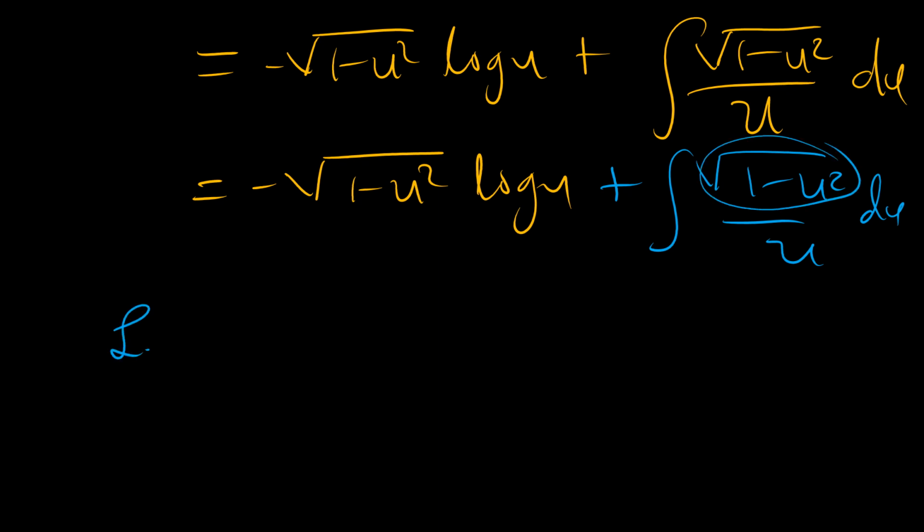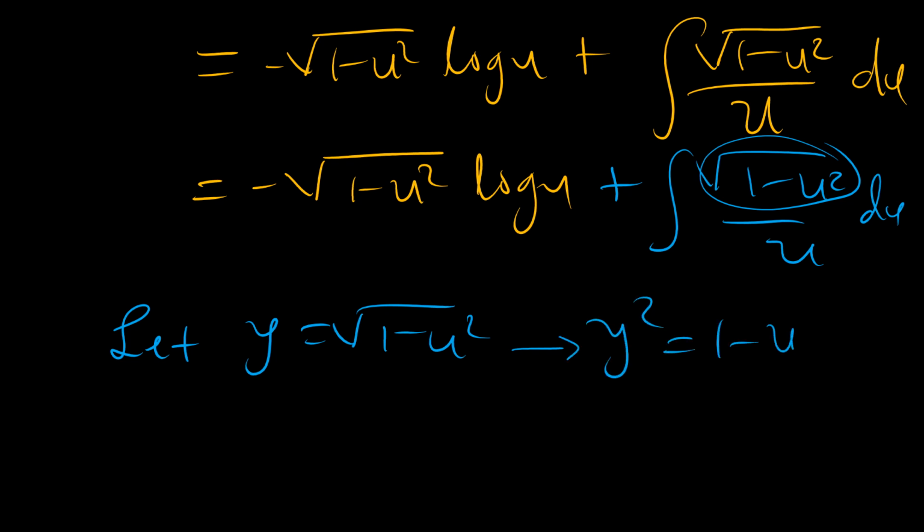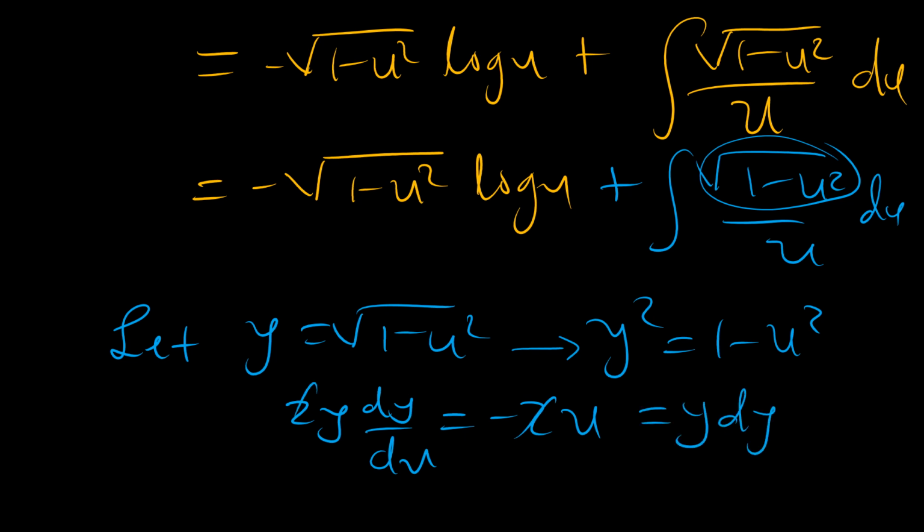We could say let y be equal to the square root of 1 minus u squared, such that y squared is equal to 1 minus u squared, and so 2y dy/du is equal to negative 2u, and these two cancel, so essentially y dy, negative, can be used to substitute for u du.